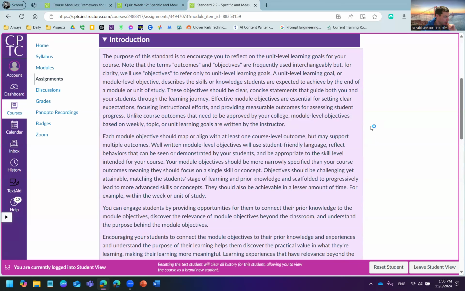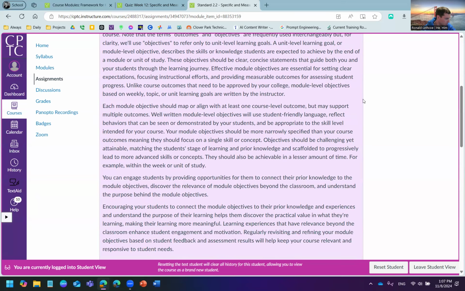I view the outcomes as those higher level course goals that you want to complete by the end of the course, and the objectives are more like what you will actually be doing in each of the lessons.